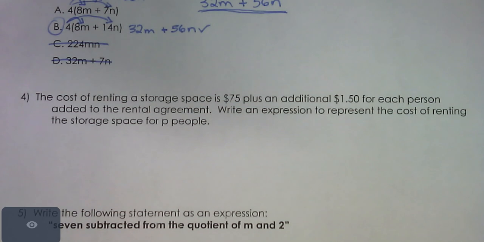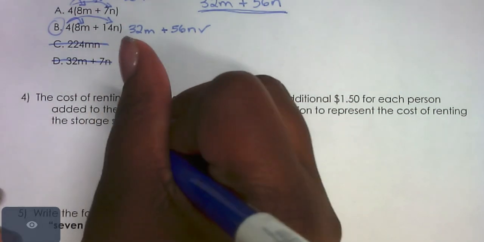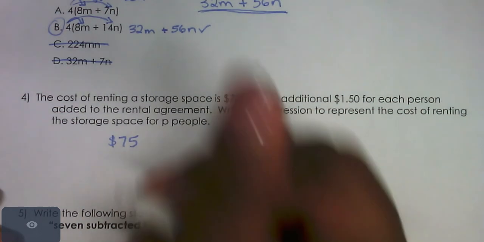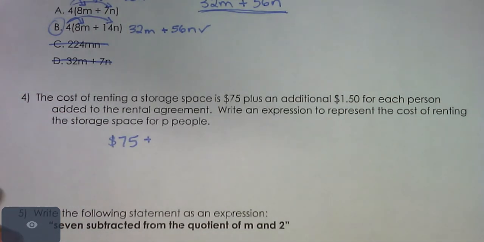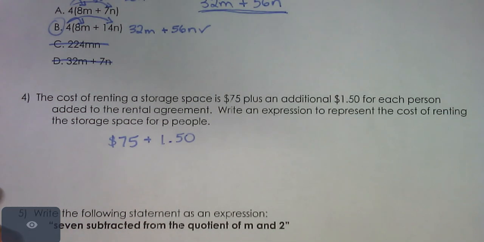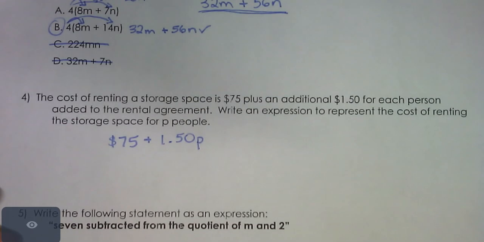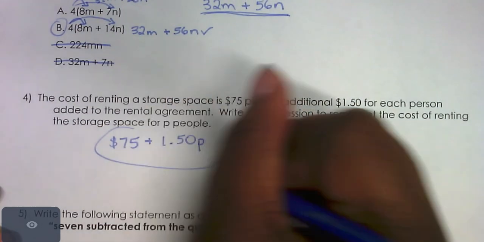But what is common for all of us is that it's going to be $75, all right, plus an additional $1.50 for each person, guys. So that means I am multiplying that $1.50 times however many people I have. And that is our final answer there.